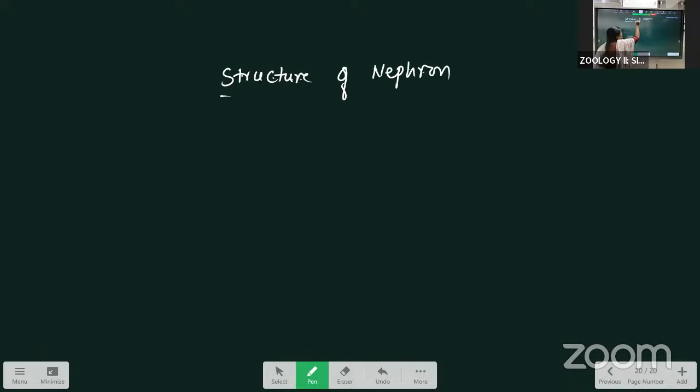Structure of nephron. Draw the diagram along with me; this is just practice.